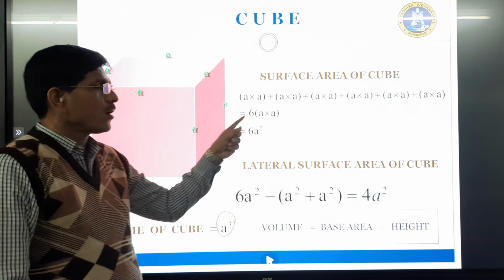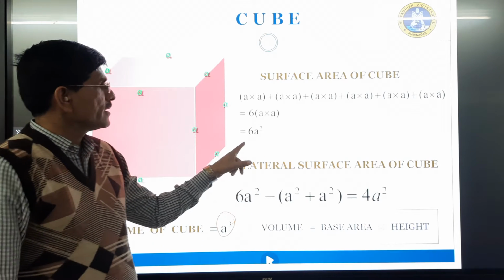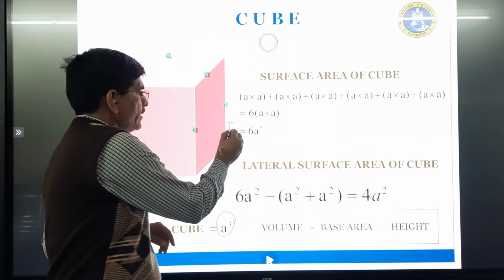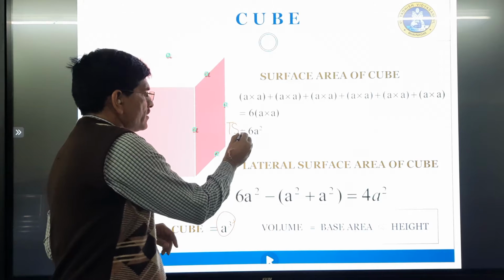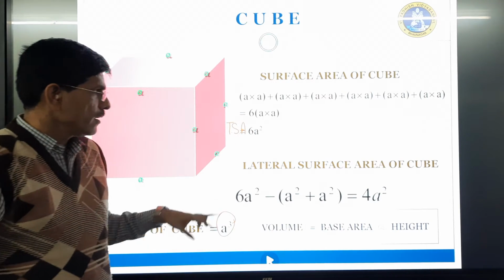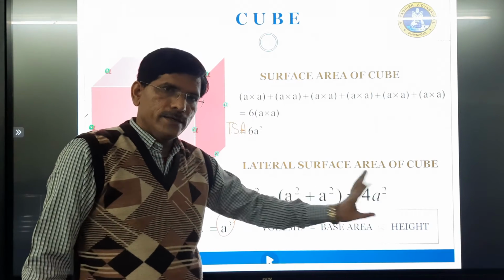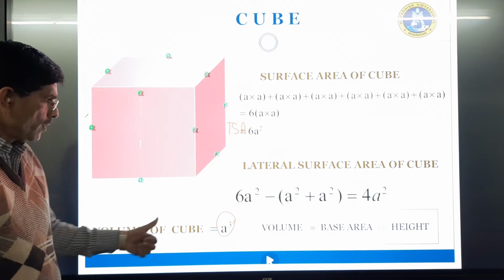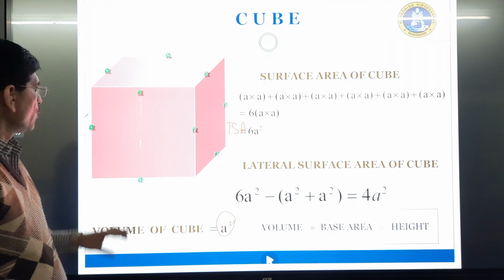So three formulas for the cube: total surface area 6A square, lateral surface area 4A square, and volume of cube A cube.